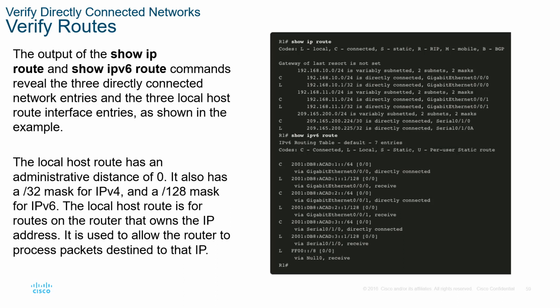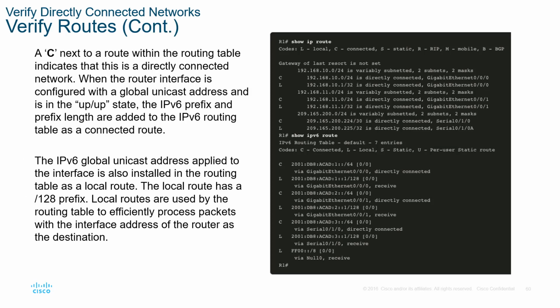The local host route is for routes on the router that owns the IP address. Basically, it is used to allow the router to process packets destined to that IP. In a later video, we will talk about a color code breakdown of this, so that we can understand the specific steps in the syntax used for the routing table.